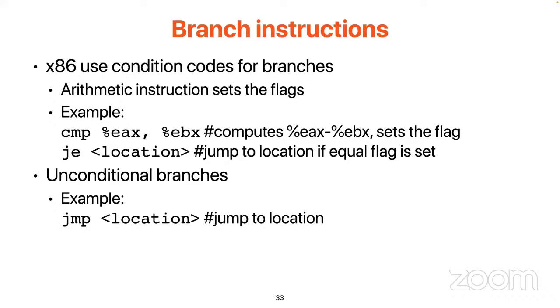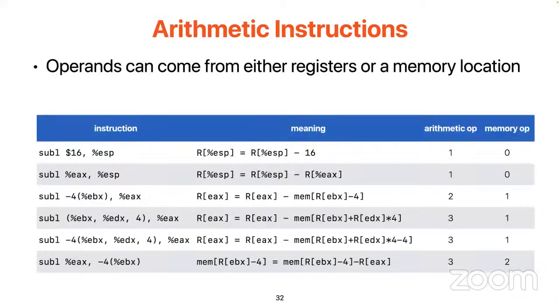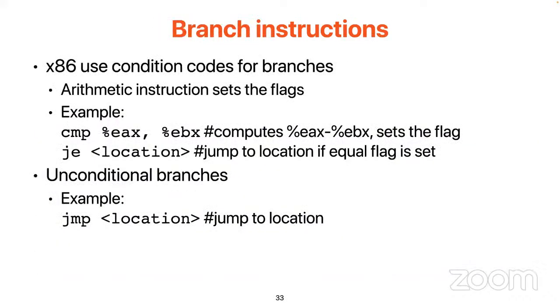Okay, so as you can see, the arithmetic operations and the move operations all have many complex modes. And this is true for the branch instructions as well, right? A branch instruction actually has 2 steps. It has to compare values and put the result in a flag.